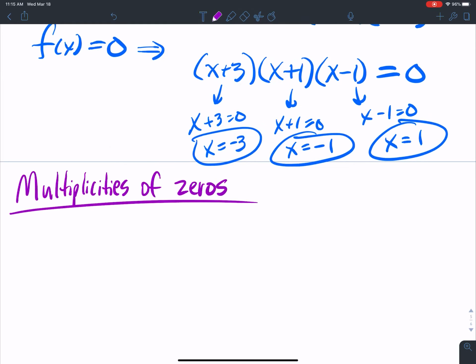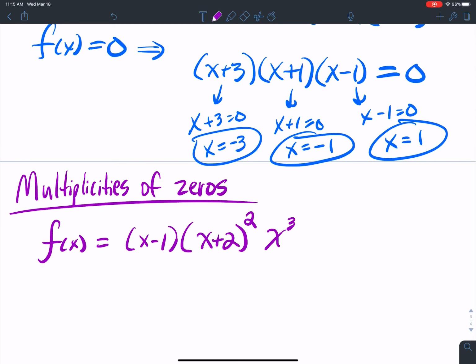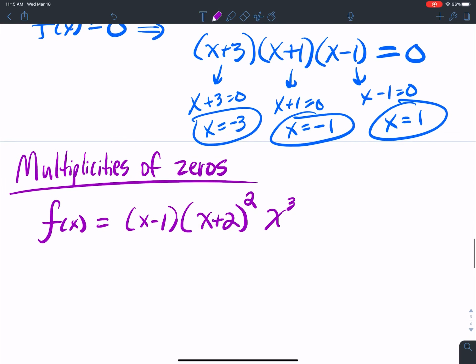Say I have f of x function equals x minus 1 times x plus 2 squared, and then let's do times x cubed. Okay? Talk about multiplicities of zeros.